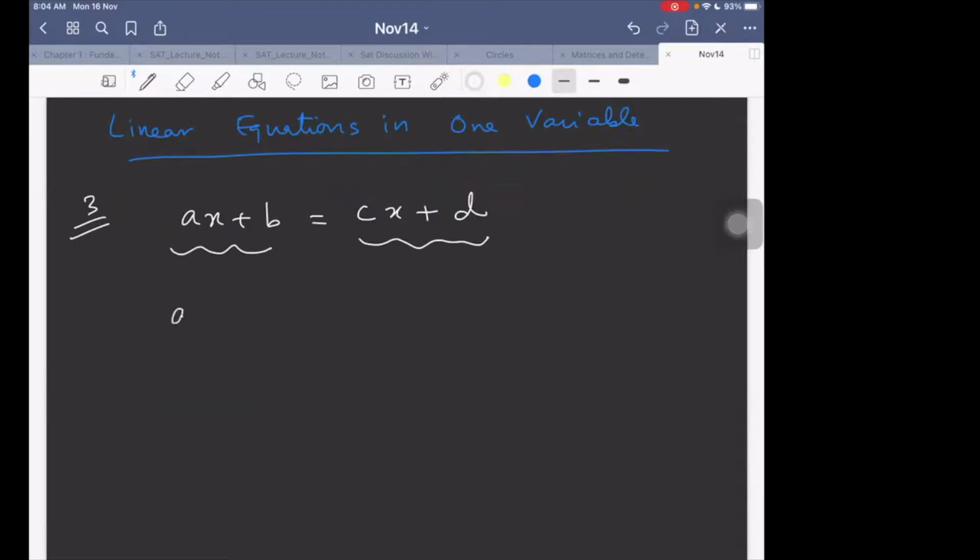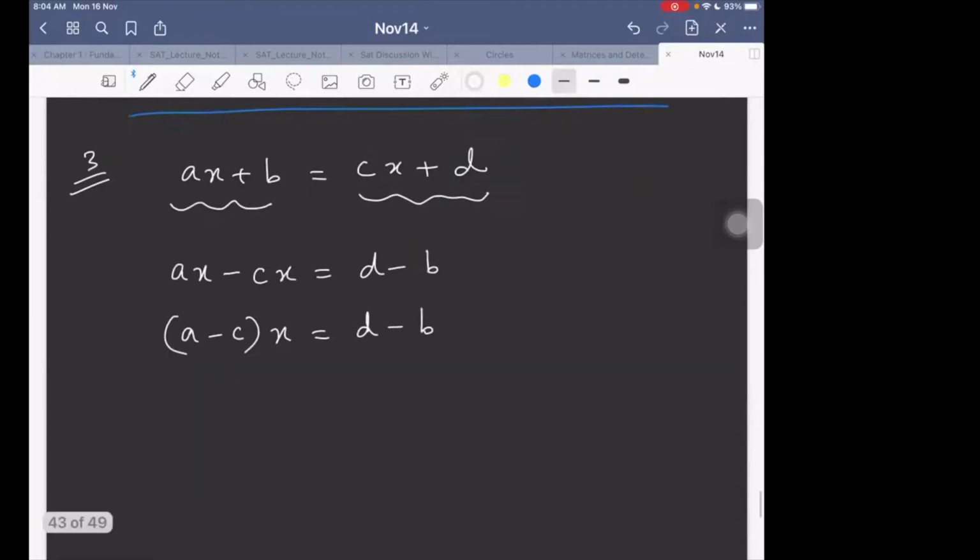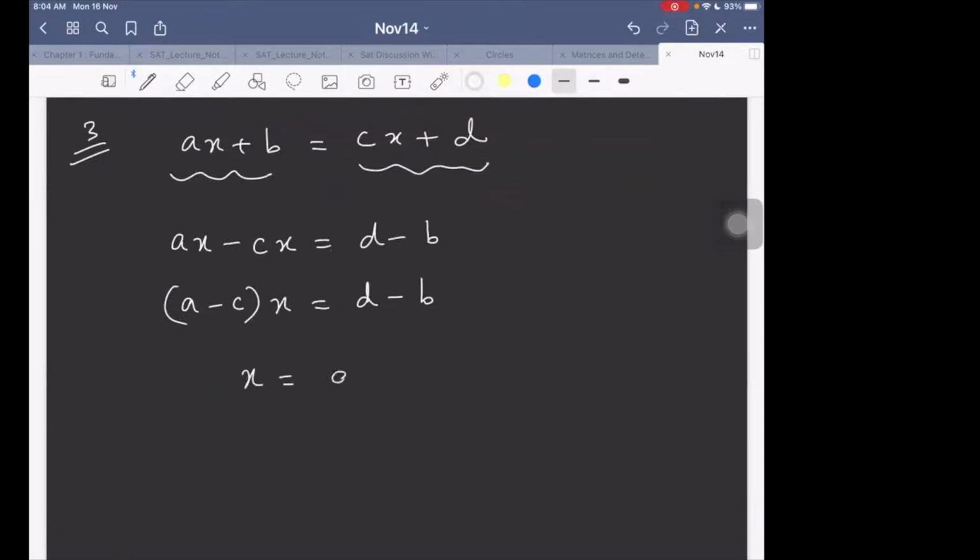So we have ax minus cx, and of course the numbers go to the other side, that is d minus b. This is a minus c times x, which is equal to d minus b. Now your x is nothing but d minus b divided by a minus c.